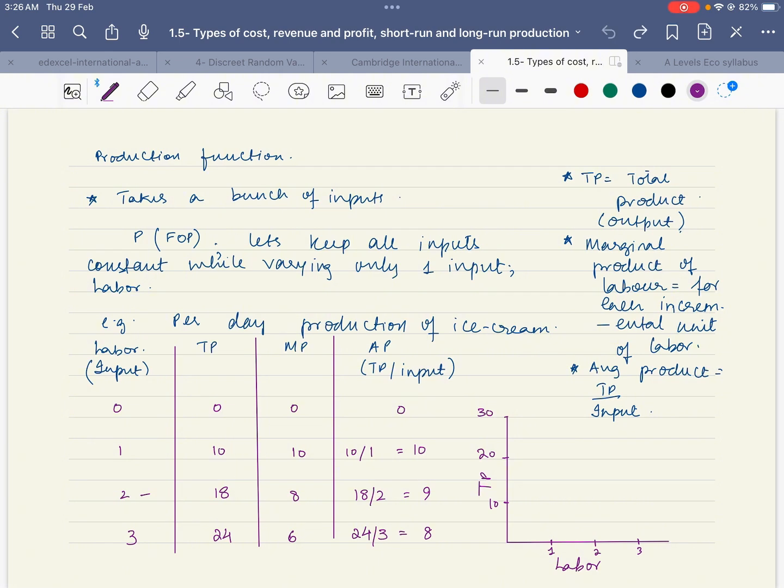For 3 units of labor, we have 24 total units. So marginal product will be 24 minus 18. Which is 10 upon 1, which is input, 18 upon 2, which is input, 18 upon 2 is 9, and 24 upon 3 is 8.